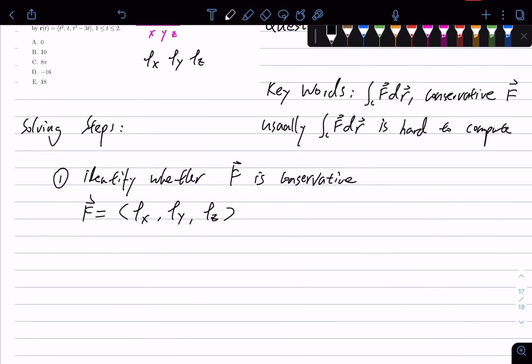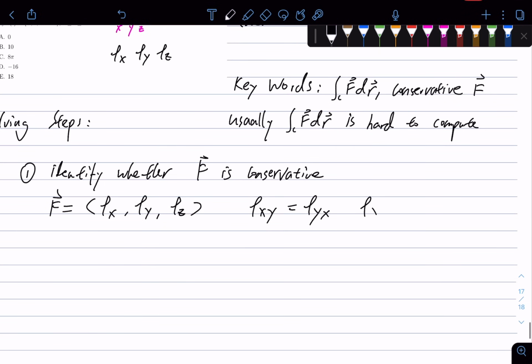Then for it to be conservative, phi_xy, taking the derivative with respect to y, has to be equal to phi_yx, taking the derivative with respect to x. We do this again: phi_xz equals phi_zx, phi_yz equals phi_zy. It's really a big hassle. Yes, this is a formal way to check it, but it's a really big hassle.